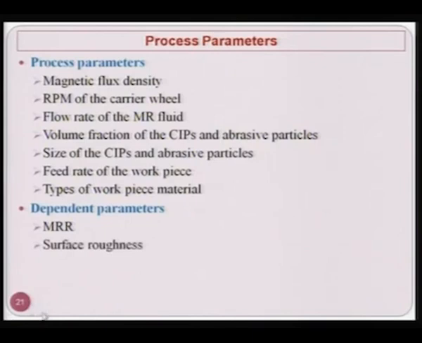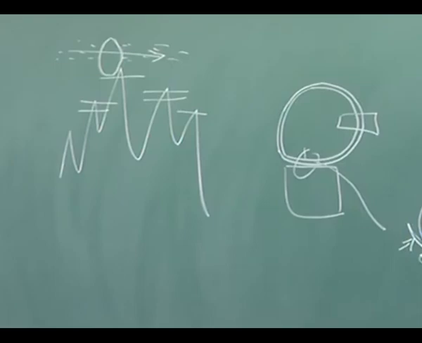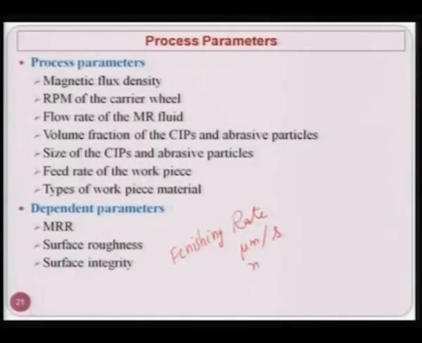Surface roughness, surface integrity, and one thing which I would like to mention here, quite important, is the finishing rate in this particular case. The finishing rate will have the unit as the removal of the peak in terms of micrometer or nanometer per unit time. So, it can be micrometer per second or nanometer per second.